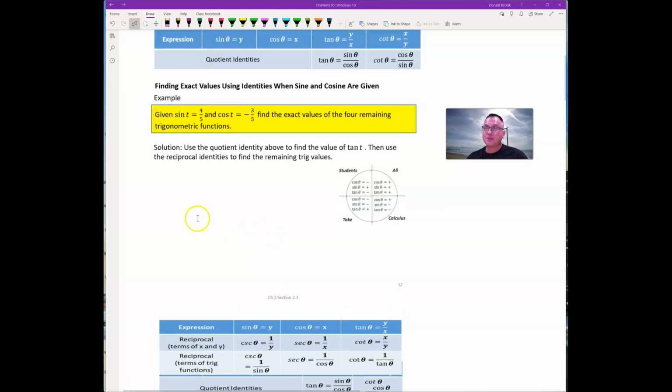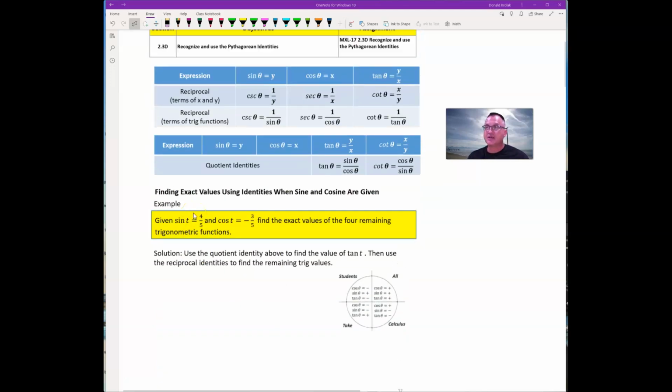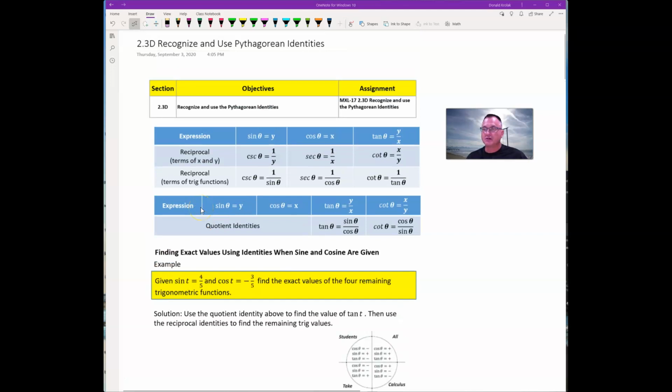Okay, so the last time that we talked, we learned about the reciprocal identities. These are the three reciprocal identities.